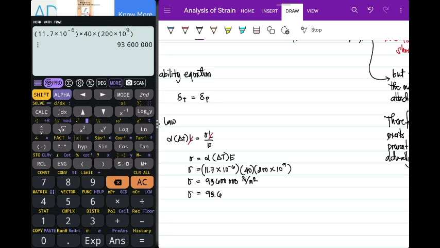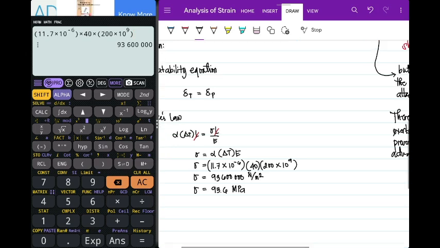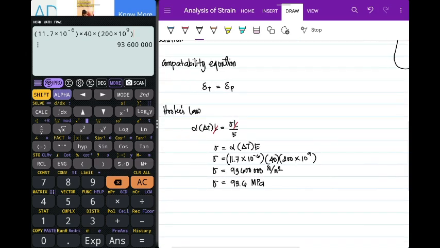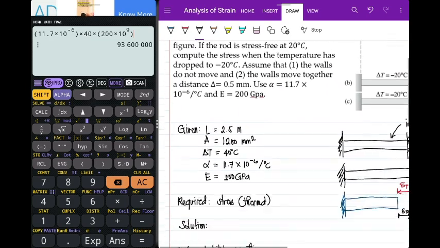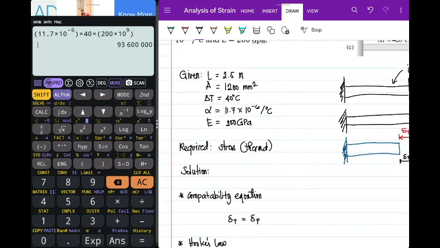Or we can have it in 200 times 10 to the power of 3, that is Newton per mm squared, which is still in megapascal. So there you have it. Your answer is 93.6 megapascal for A. The walls do not move.